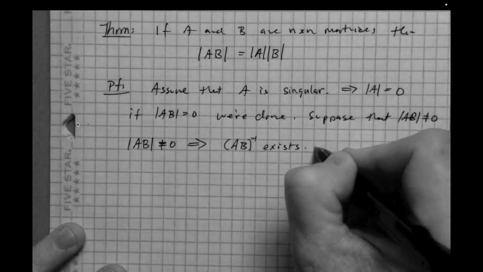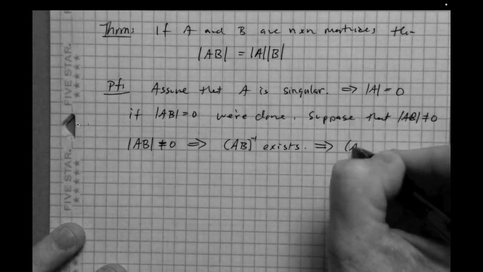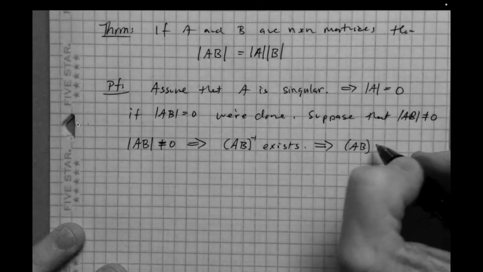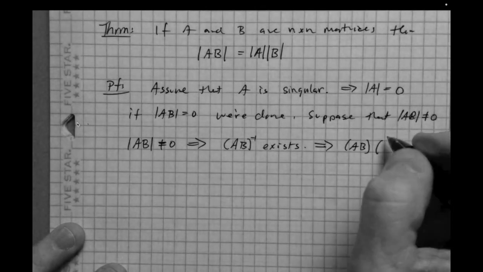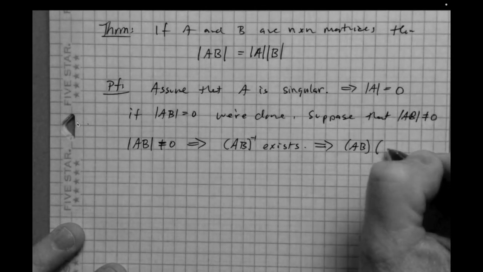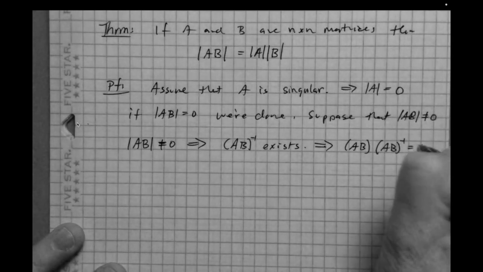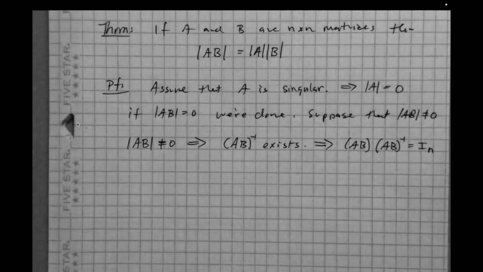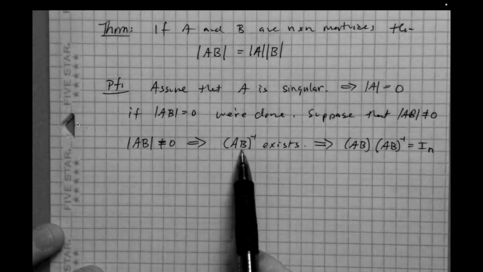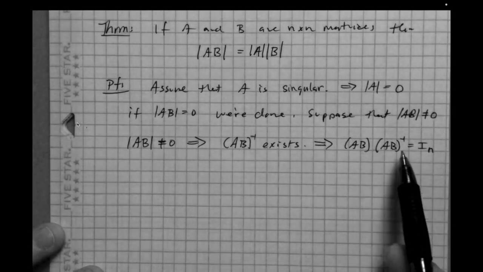Specifically, we'd be able to say that A times B, that product matrix, multiplied by whatever AB inverse happens to be, is going to be equal to the identity. These are just the consequences of the determinant being non-zero: a non-zero determinant means you have an inverse, which means this relationship exists.